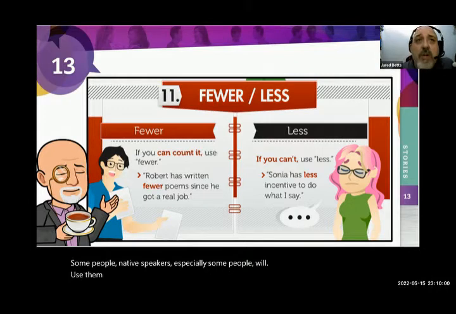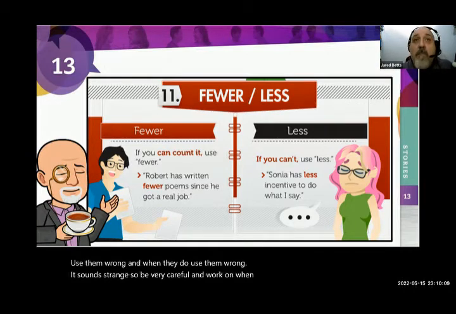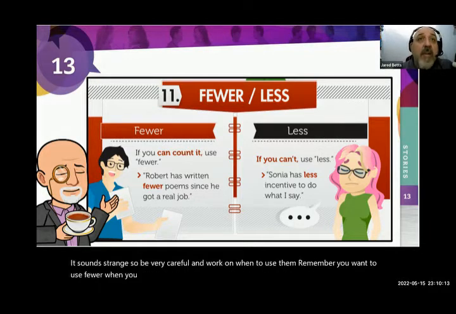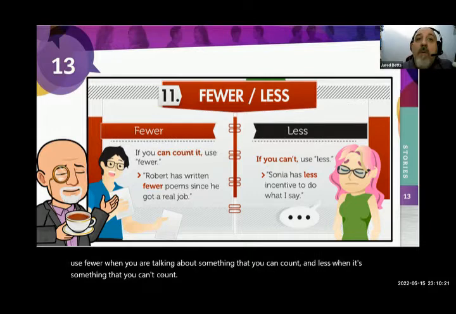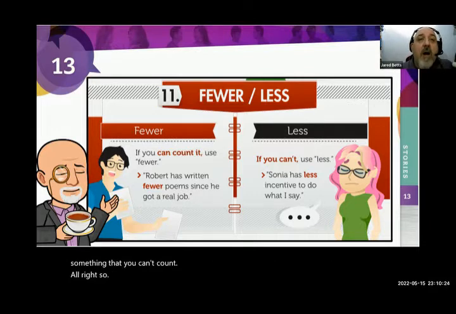And when they do use them wrong, it sounds strange. So be very careful and work on when to use them. Remember, you want to use fewer when you're talking about something that you can count, and less when it's something that you can't count. All right. So moving along, on to our next part.